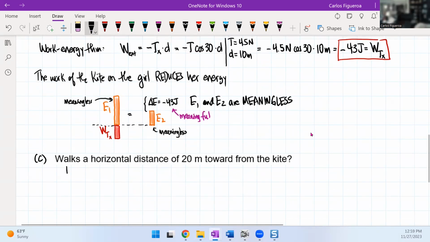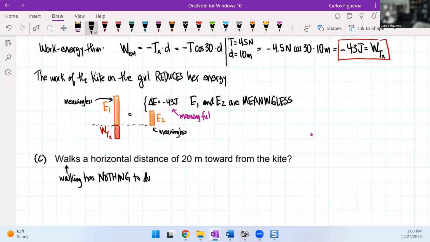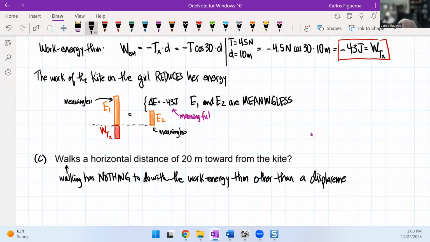Once again, walking has nothing to do with the work energy theorem, other than a displacement occurs, because it's not in the definition of work.